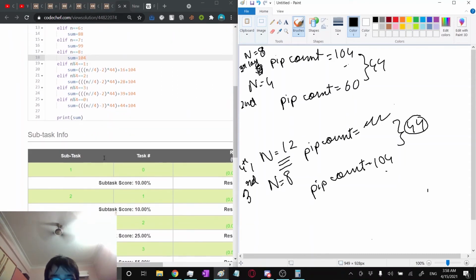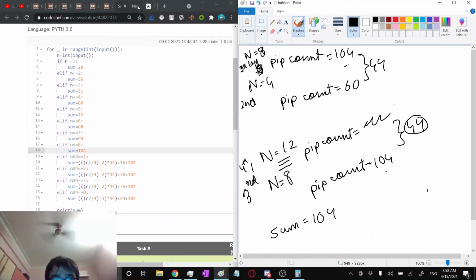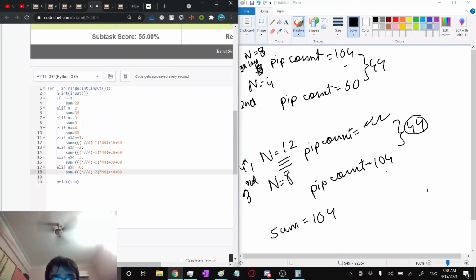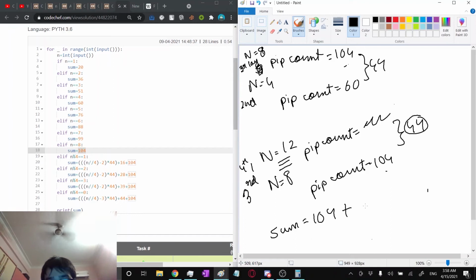So what our formula was, sum 104, because in this code it was 60 and here it is 104. Since we need to add this value as it was not following the pattern, so we need to add this, and after that it follows a pattern.